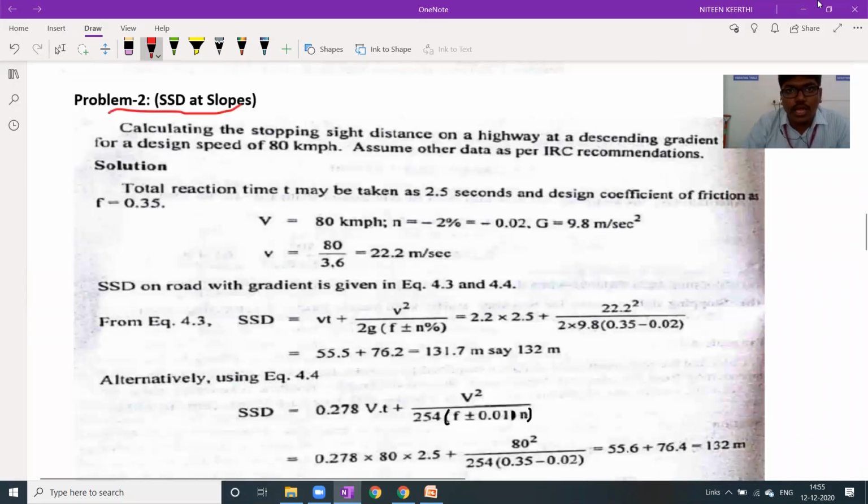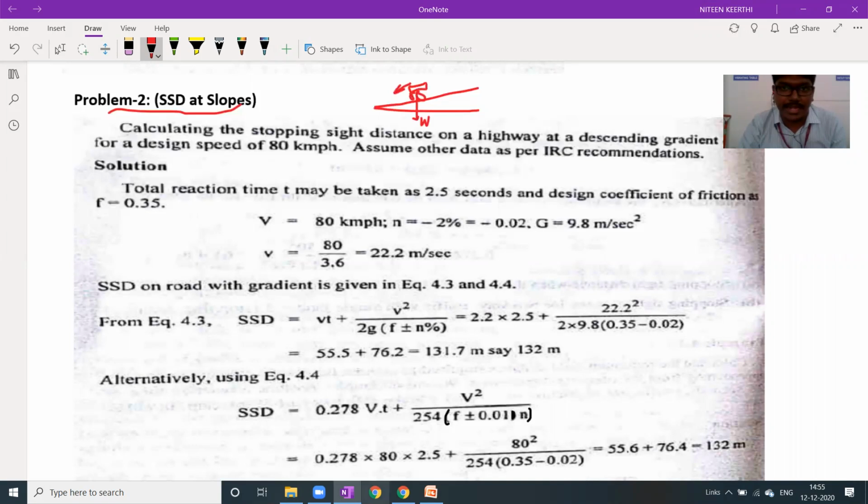At slope means you can imagine, if you are not able to remember the formula, you can draw a straight road with some inclination, so with some gradient, and assume that there is a vehicle moving on this gradient, and this vehicle is having some weight W, and it will be having some frictional resistance opposing whenever it climbs a gradient.